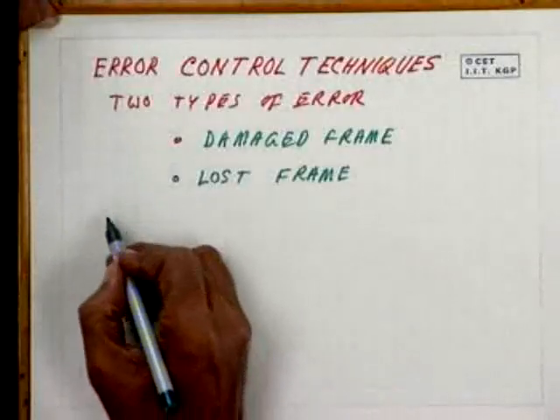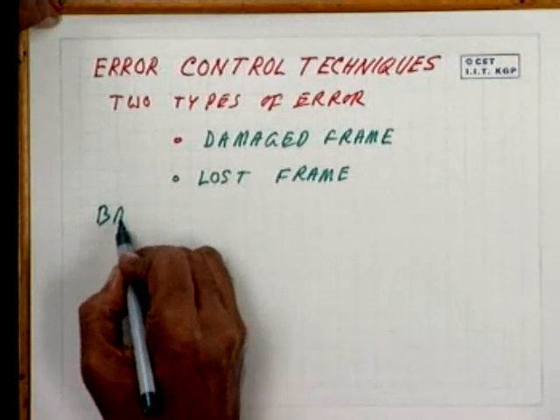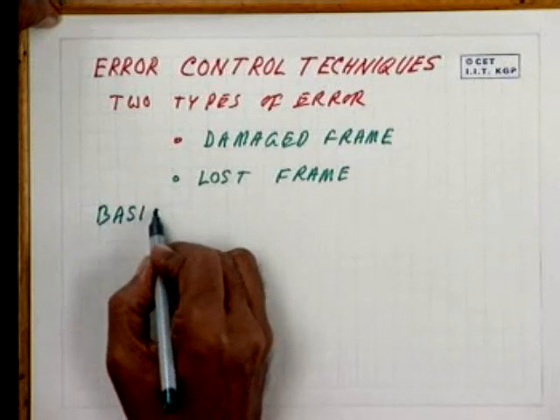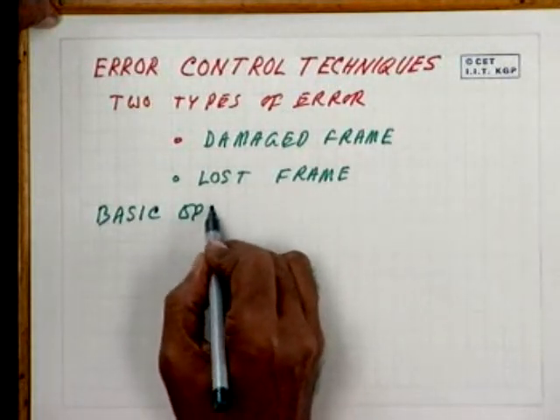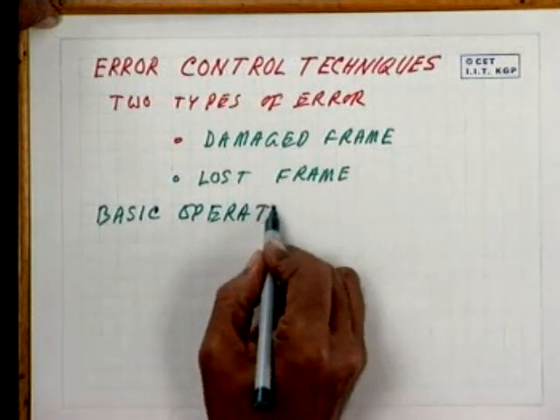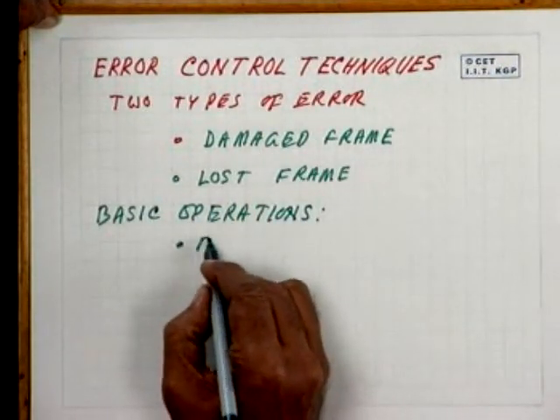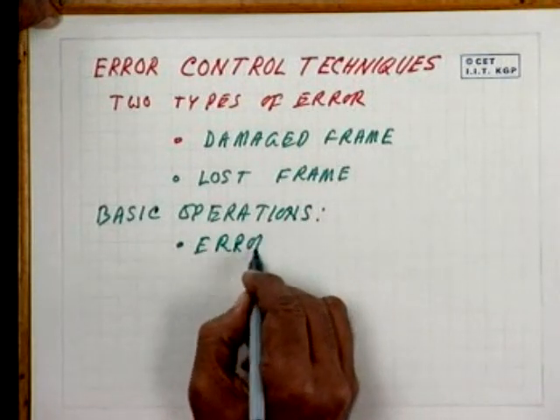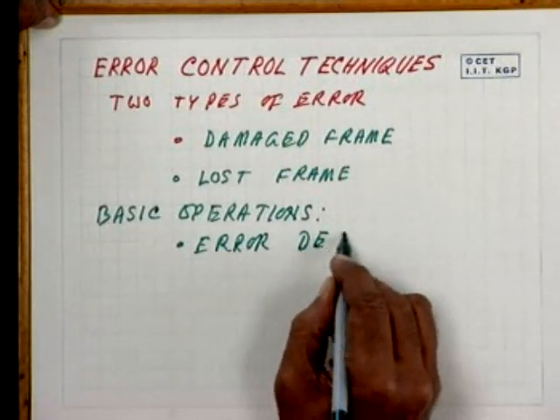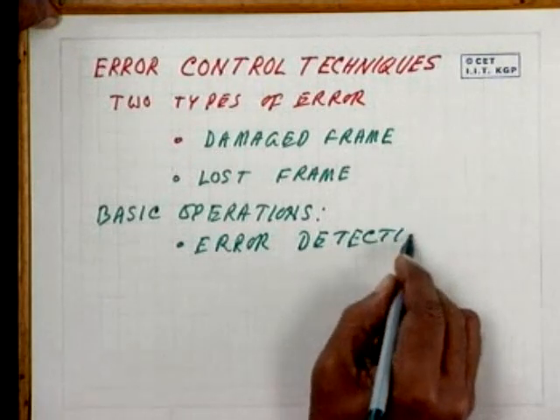And the basic operations which are necessary to be performed are, number one, error detection. And we have already discussed in my last class how error can be detected either by using parity checking or by using cyclic redundancy code.